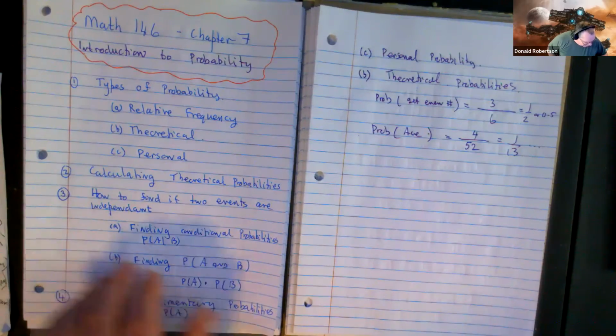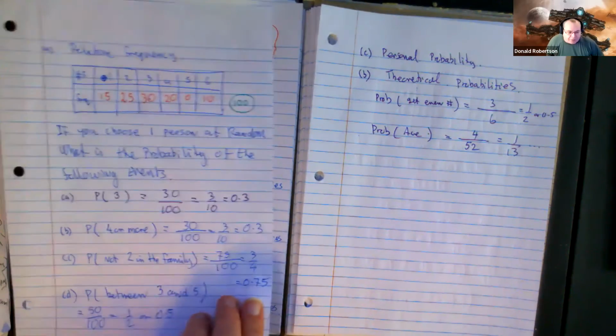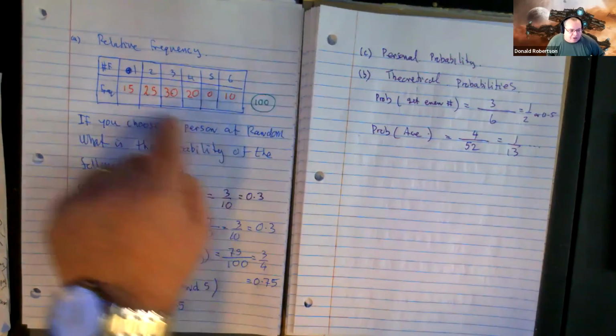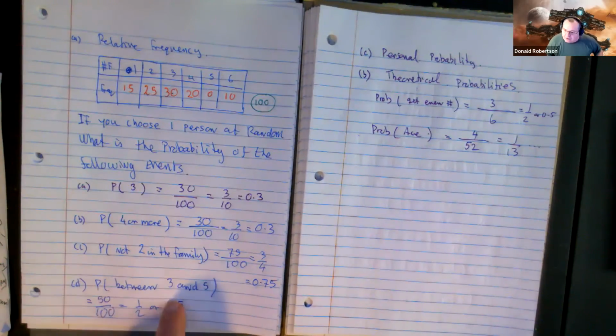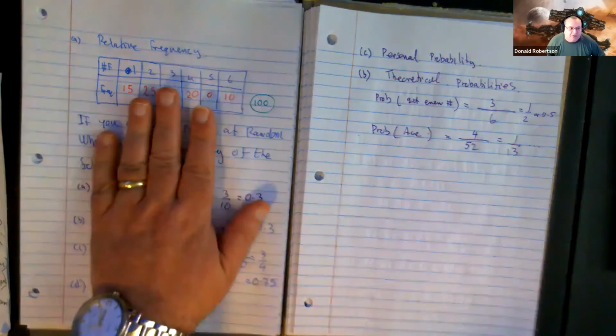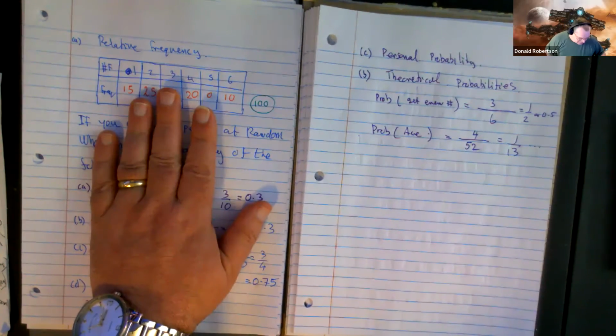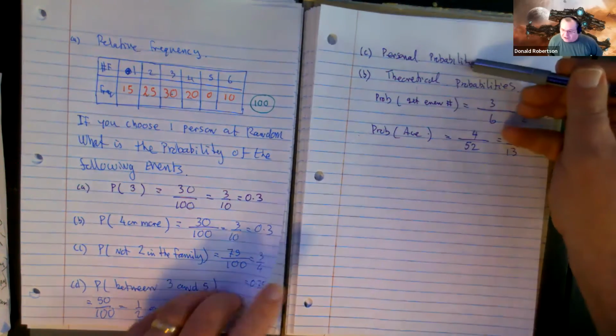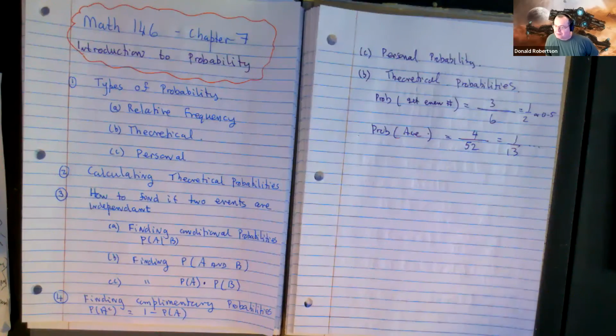So are we all comfortable with, you get a table where you collected the data and then you use this table, a frequency table, to calculate probabilities? That's relative frequency. Your friend Janice just tells you what she thinks it is, that's personal probability.